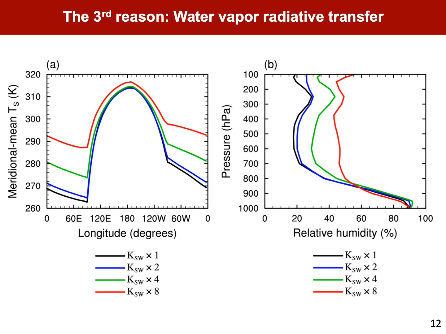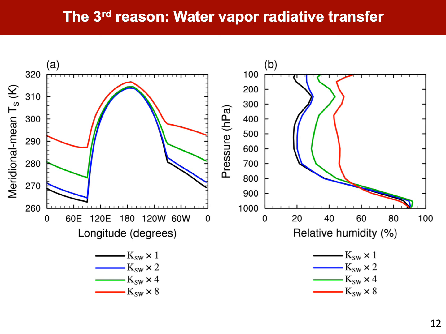So we did some sensitivity tests by increasing the shortwave absorption coefficients in the model. When we increase the shortwave absorption coefficients, the surface temperature increases. Meanwhile, the relative humidity also increases.